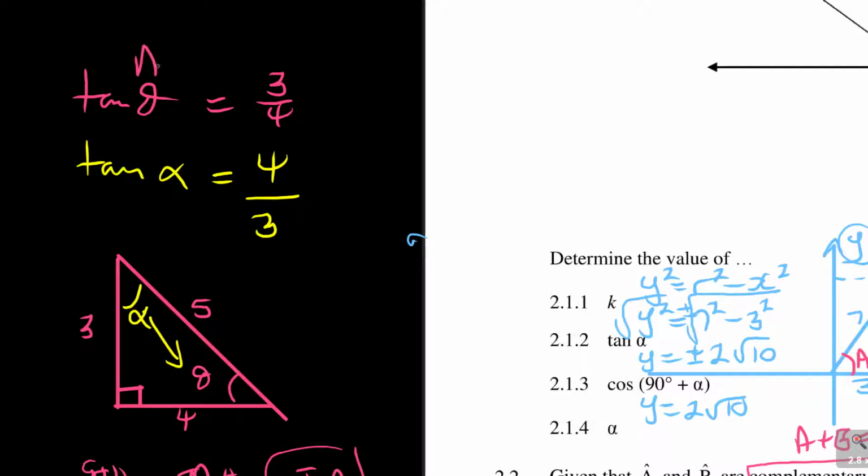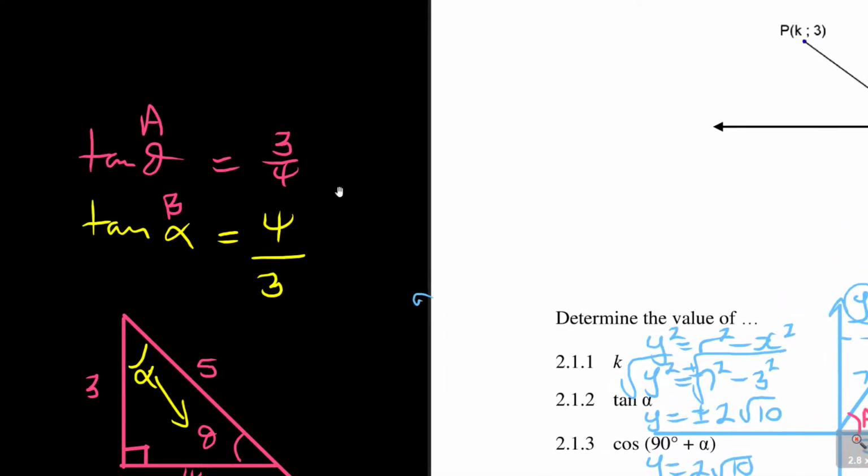If this was my A and this was my B, and remember, when I'm writing it in terms of X, Y, and R, remember, tan theta in terms of X, Y, and R is Y over X. So you'll see that originally this is Y and this is X. But now look at the change. X is 4. It has interchanged.